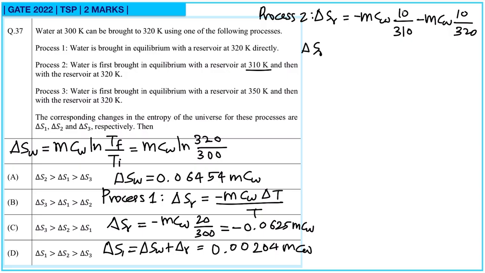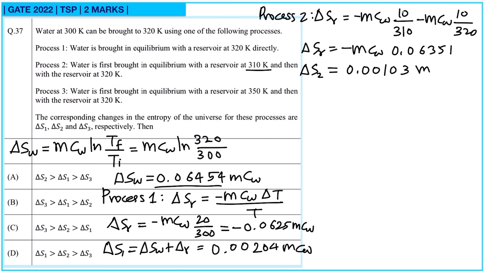So delta Sr is equal to minus m Cw into 10 by 300 plus 10 by 320, and this is equal to 0.06351. So delta S2 is again Sw minus this, so that is 0.00103 m into Cw.